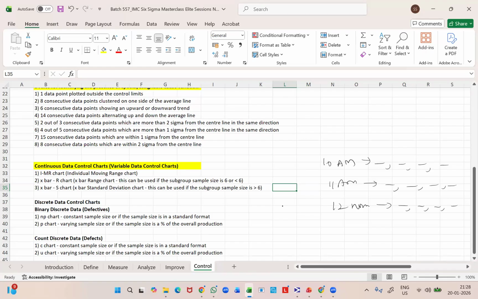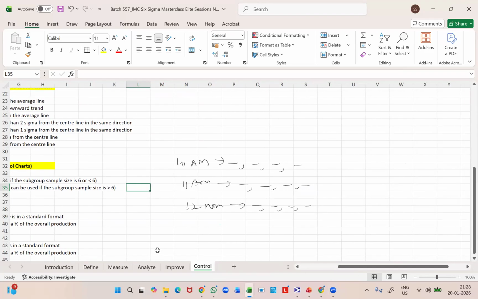Like that it continues for some 30 hours. So when we have 4 sample data points collected on an hourly basis, we will say that the subgroup sample size is 4 for this scenario. So for this, we can construct the X bar R chart.